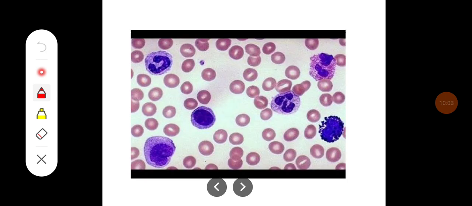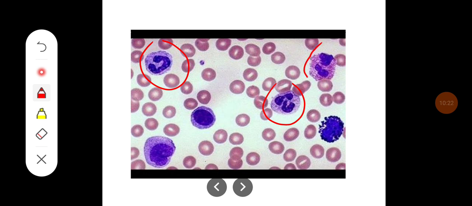So this is how different WBCs appear in the smear. Okay. For example, these two cells are neutrophils, which are bilobed, which contain fine granules, both acidophilic and basophilic.